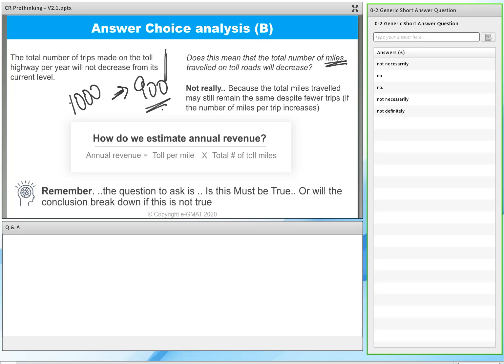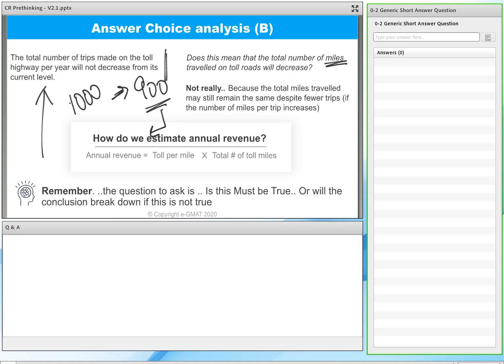Because if each of these 900 trips has more miles, or the average number of miles per trip goes up, then you can still have more miles driven. Okay. So is this a must be true? Does it satisfy the must be true condition? No. People who chose choice B, is it clear why choice B is not the correct answer?